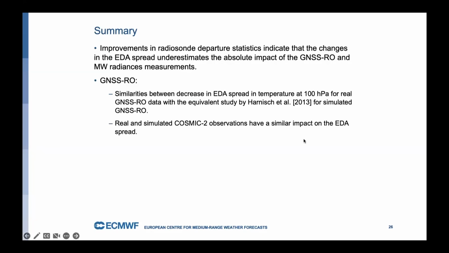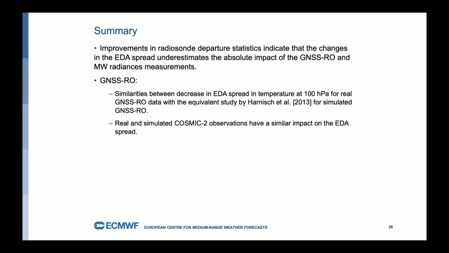For GNSS-RO, we found that the decrease in EDA spread and temperature for real GNSS-RO data was quite nicely aligned with the simulated values found by Harnisch et al. in 2013, even though we have to admit, Harnisch did use an older model cycle, and at this time not as many observations, or the rest of the observing system, were assimilated compared to now.